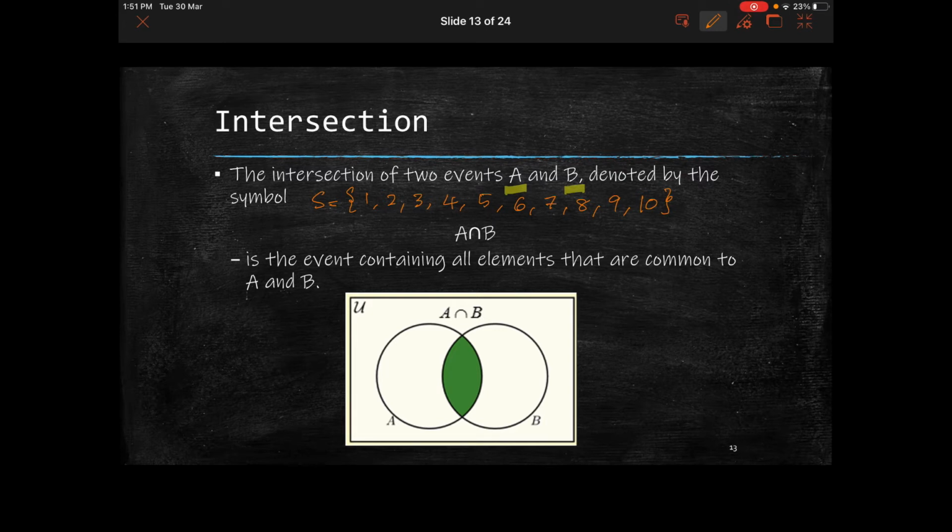And A is the subset for the odd numbers: 1, 3, 5, 7, 9. And then B, we have the elements of numbers from 1 to 5.